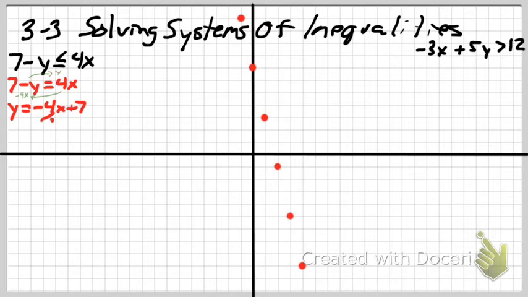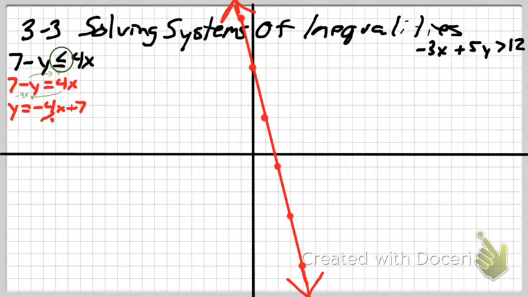Is this line dotted or solid when I draw it? Solid, because of the inequality sign having an equal portion on it. Chapter 2 knowledge. Don't shade yet. We're going to decide where we shade, and then we're not going to shade till the end.